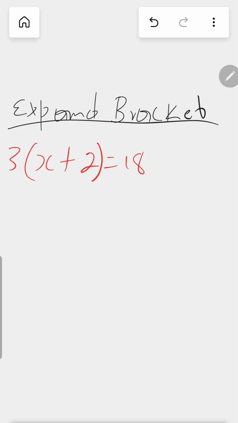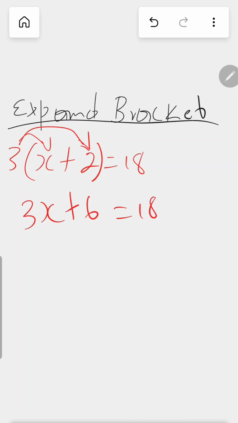So we're going to say 3 times x, and that's going to give us 3x, plus 3 times 2, and that's going to give us 6, equal to 18. Yesterday we learned that we are going to remove the constant. So to remove the constant, we are going to do the opposite.